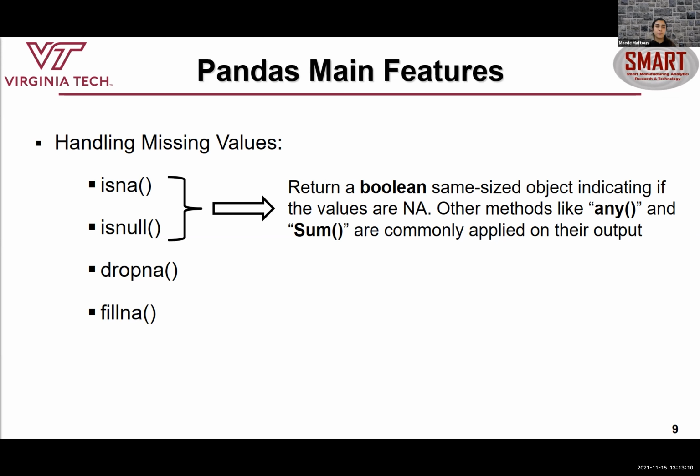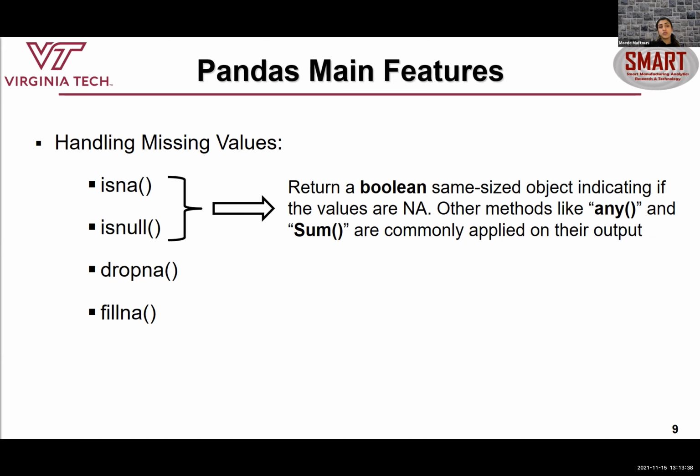And generally, other methods are applied over the output of isna. Methods like any or sum are commonly applied over the output to give a summary of whether there has been any missing value in a specific column or how many of them there are.